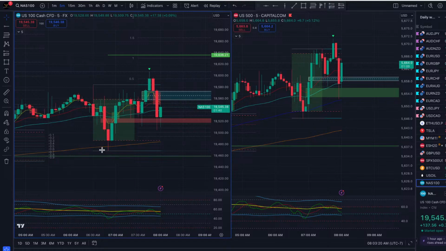Got 40 seconds left. Sixteen seconds. Three, two, one. So we have a fair value gap.